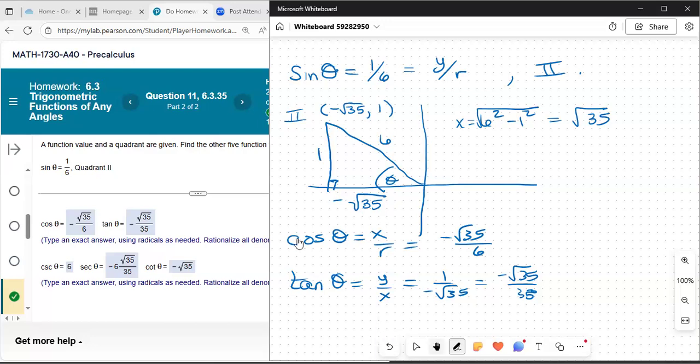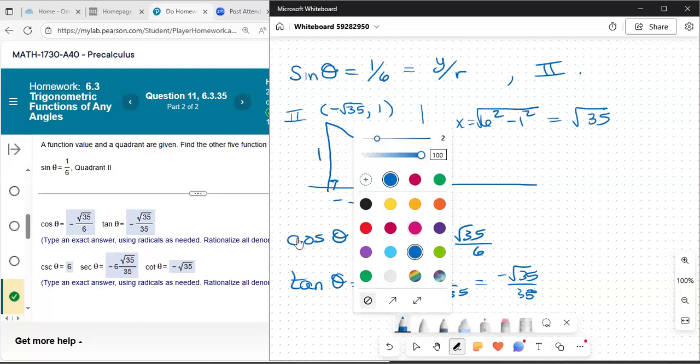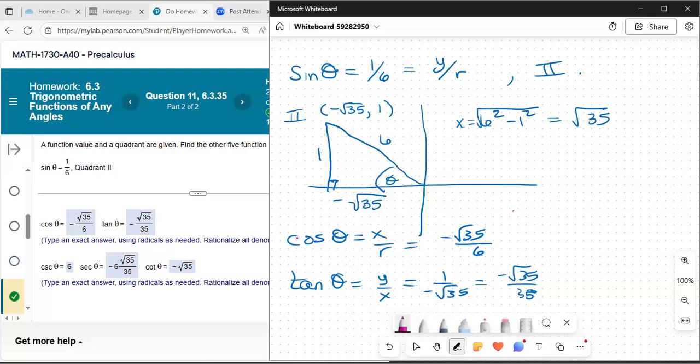So the cosecant is equal to 6 because we're looking at the reciprocal of sine.